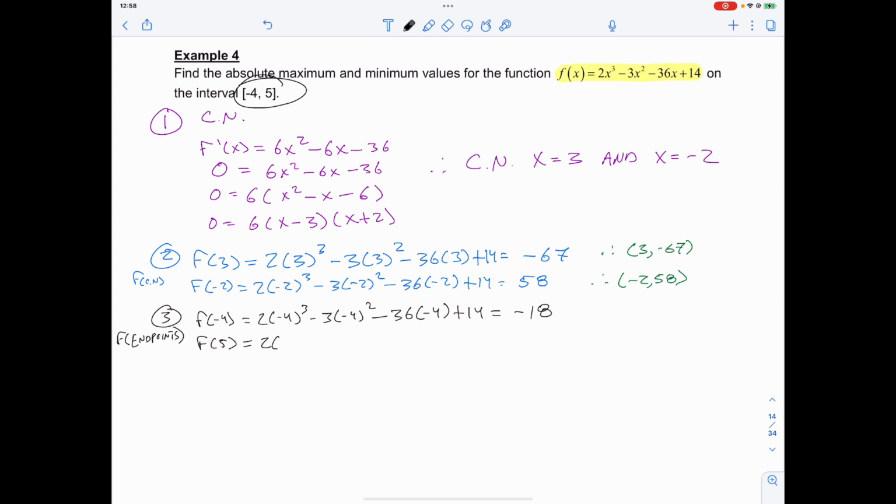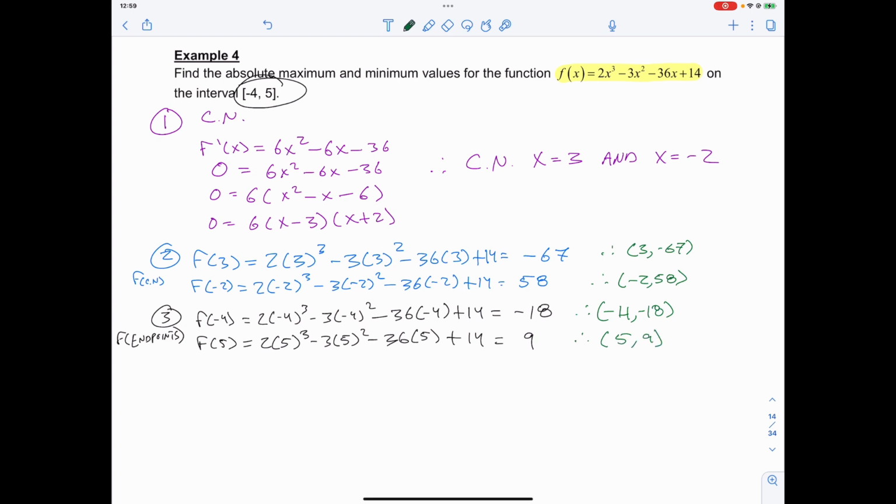Or I can take 2 times 5 cubed minus 3 times 5 squared minus 36 times 5 plus 14, and that's going to give me 9. And I'm going to wind up with the points of -4 and -18, and the point of 5 and 9.